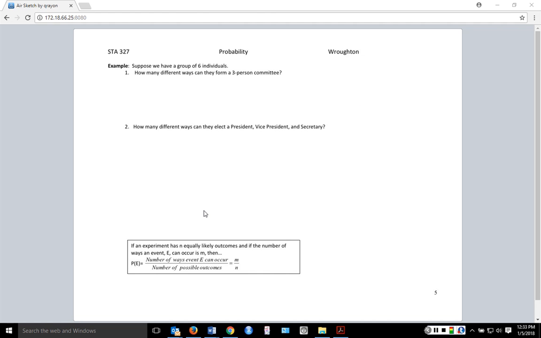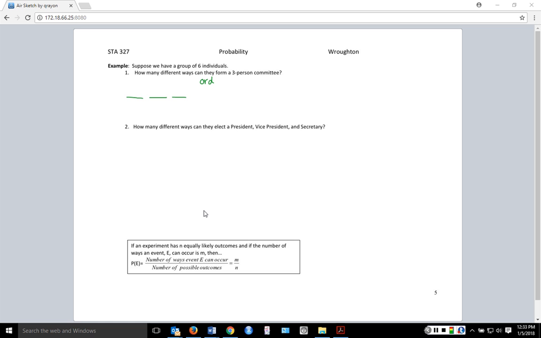So let's look at a couple of examples. Suppose we have a group of 6 individuals, so they'd be different. How many different ways can they form a 3-person committee? I usually list out these lines, which you've probably already seen, but it helps me figure out, are those lines different? If I'm the first person chosen versus the second person chosen versus the third person chosen, does that make a difference?